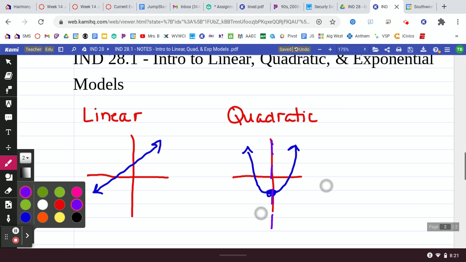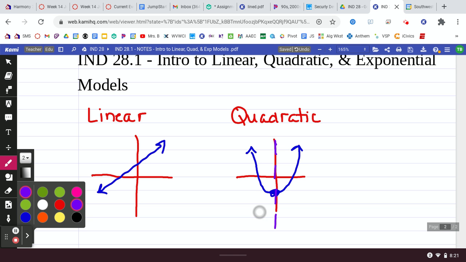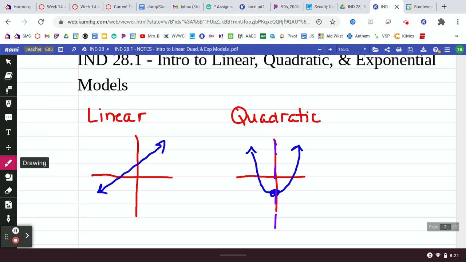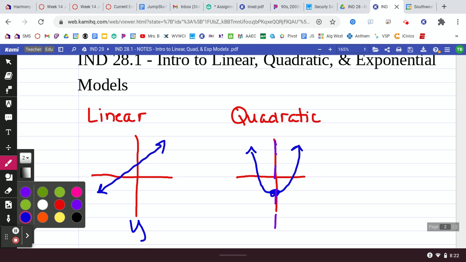So if you'll notice on these two, especially on linear, this is our y-axis right here, right? On linear, are you going to have any repeating y's? Remember the whole, is it a function or not? Does it have any cheating x's, right? Any y's that repeat? Are you ever in linear going to have a repeating y? Because your y's go this way, right?